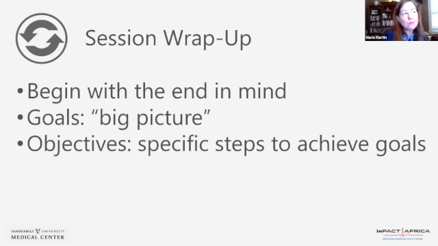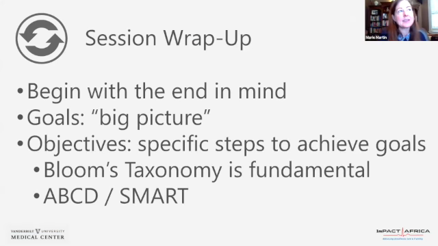So today we really at least tried to reframe using the backward design and thinking about Bloom's taxonomy and specifically working on your own objectives with ABC and SMART. This is a process not achievable in a 90-minute session, but something that you'll continue to hone and work on over time.